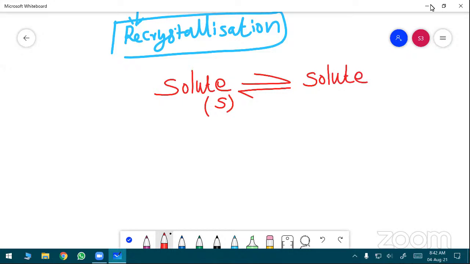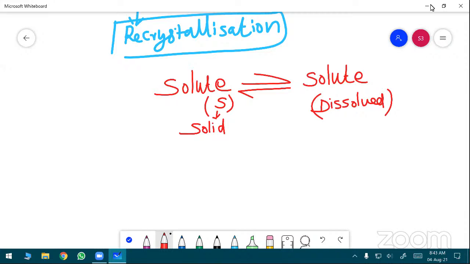Solute solid, then solute dissolved. There is an equilibrium between the solid solute and the dissolved solute.